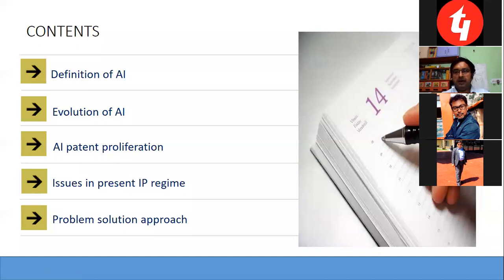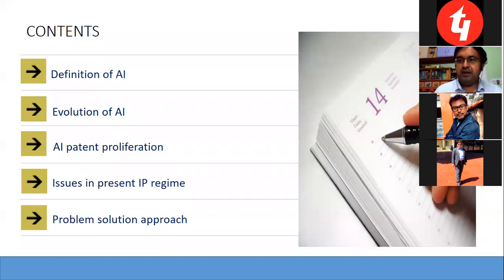And the AI and patent proliferation: how much patenting there is, what the role of patents is in AI proliferation, and how companies are proceeding with AI protection through patents. What are the issues in the present IP regime, and what are the things that we all need to think through, because the policy and the law are yet to catch up on this domain. And then we would discuss a problem-solution approach, how to solve those problems.